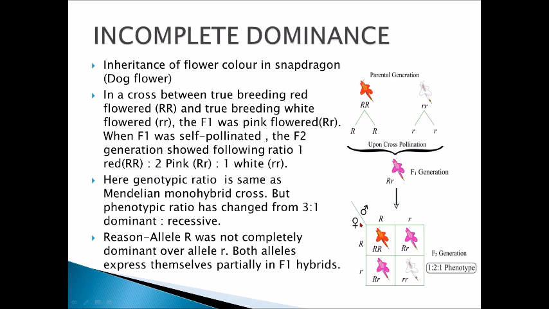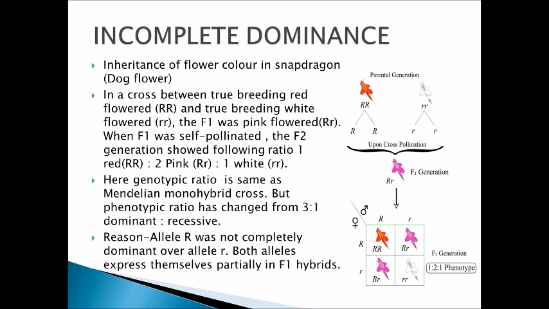The female gametes also are of 2 types, capital R and small r, and the combination of these will give one red colored flower, 2 pink flowered plants and 1 white colored flowered plant.